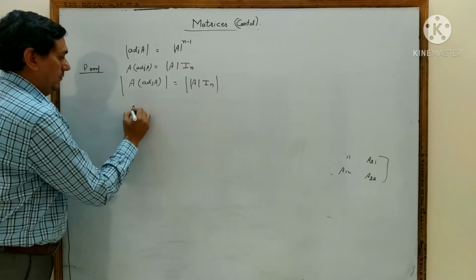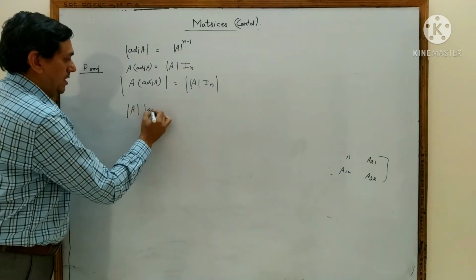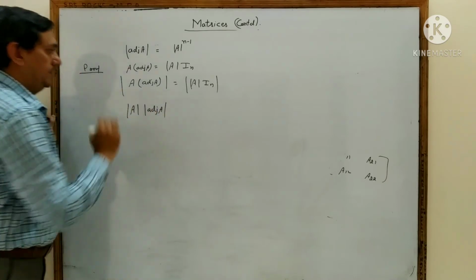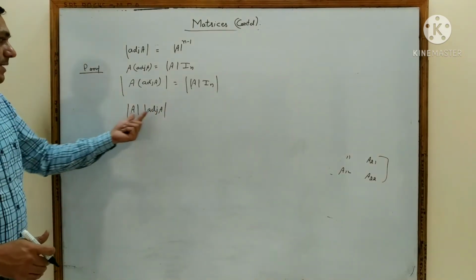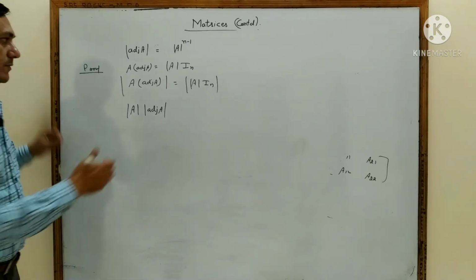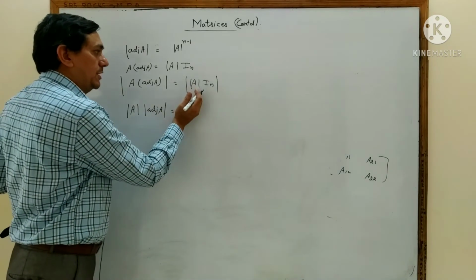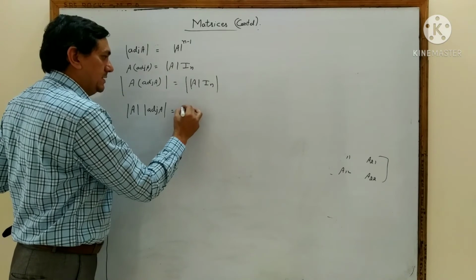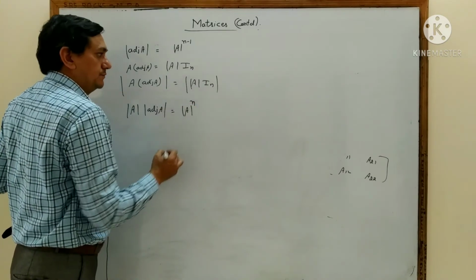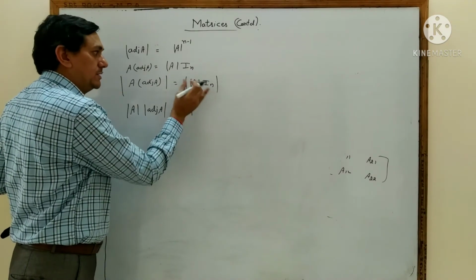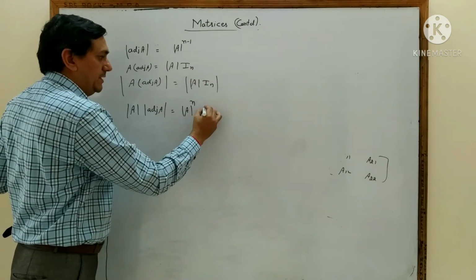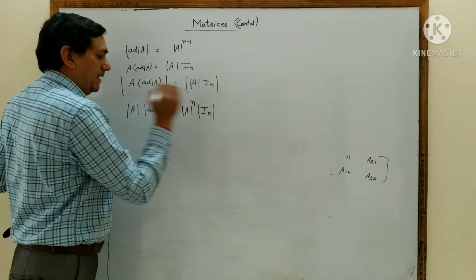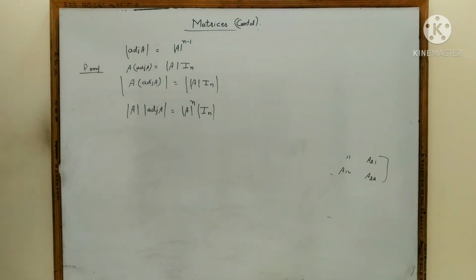Now we have read that determinant of AB is equal to determinant of A multiplied by determinant of B, and we can take the constant out of the determinant by raising it to power n. Determinant of A is a constant and we have taken it outside the determinant, and I n is a matrix itself.